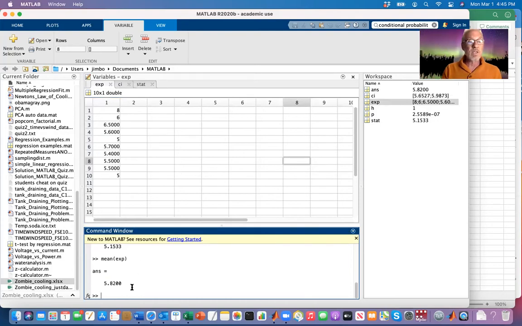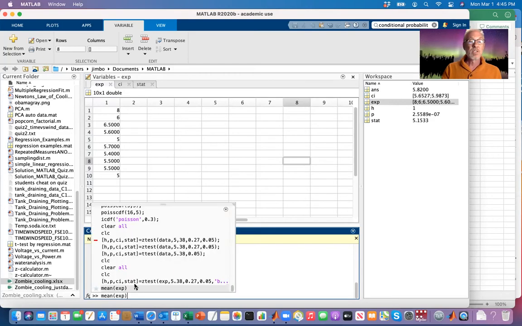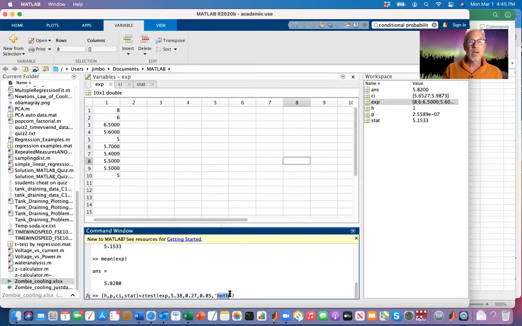If we wanted to do this as a one-tailed test, suppose we had treated this spaghetti with some sort of chemical agent that we thought would make it stiffer, right? So we think that the difference is going to be positive. Well, we can have a right tail test, okay?